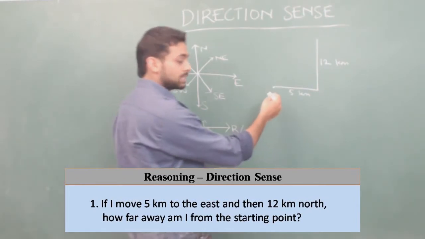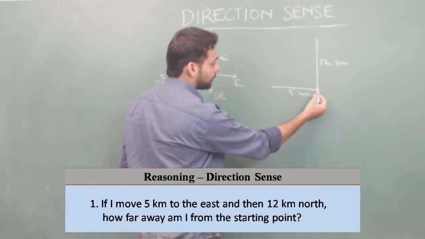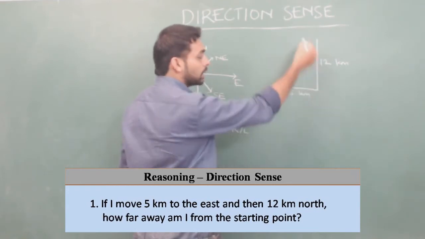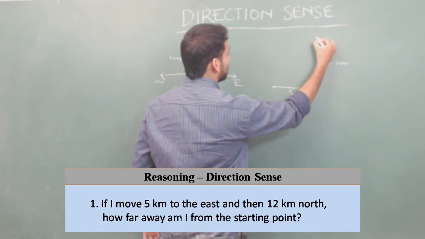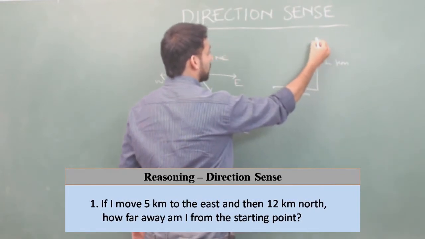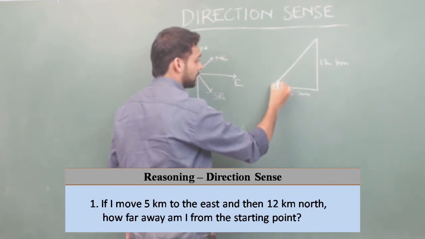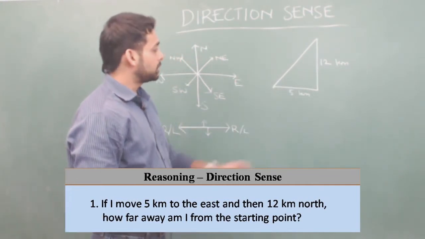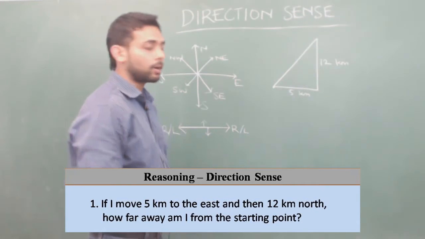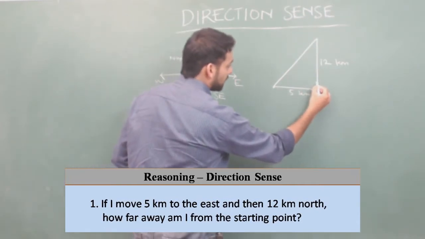Okay, so the person started from here, moved 5 kilometers to the east, then took a turn and started moving north and arrived at this point. We are supposed to calculate the distance between these 2 points. So as you can see, we have a triangle in front of us with this being 90 degrees.